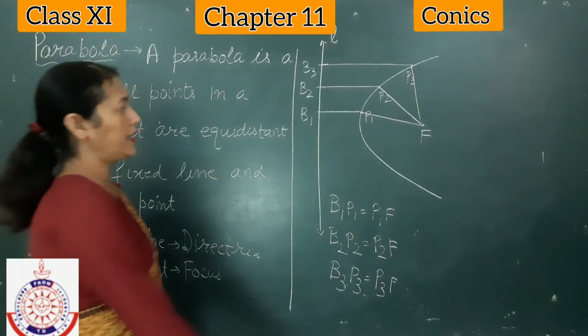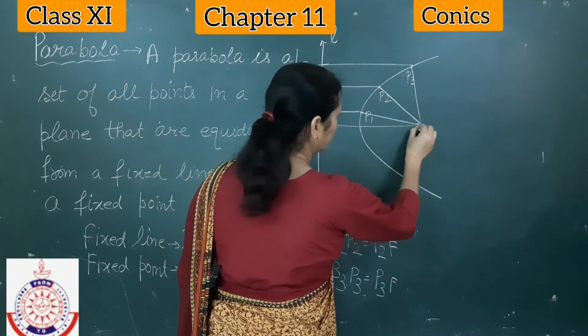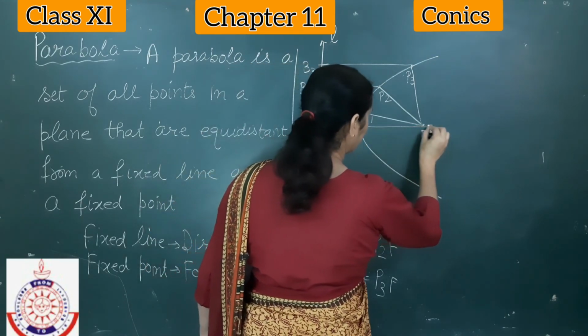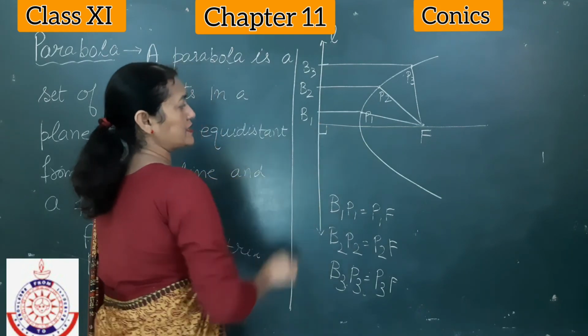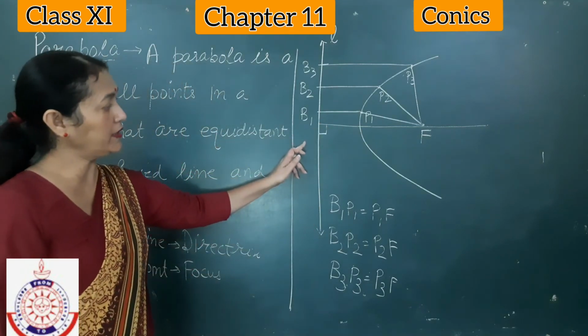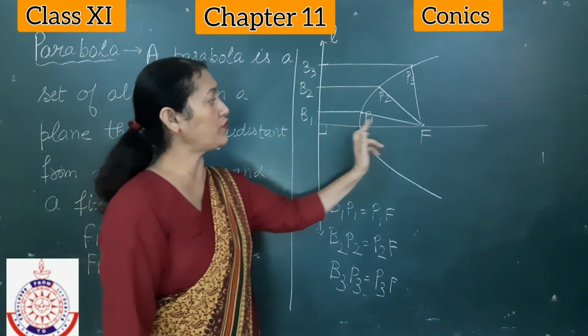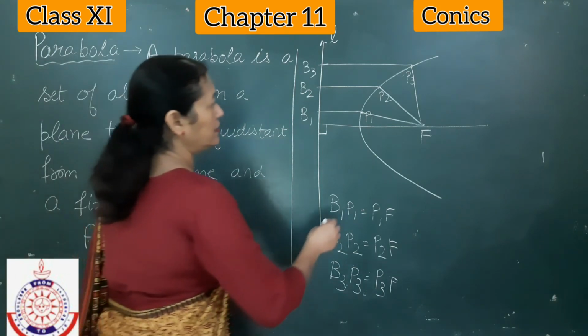If we draw a line which passes through the focus and is perpendicular to the directrix, this line is called the axis.